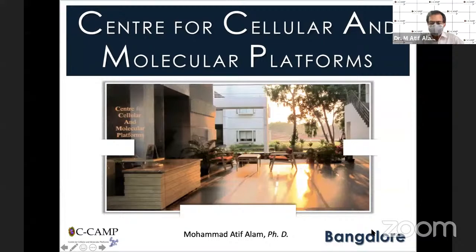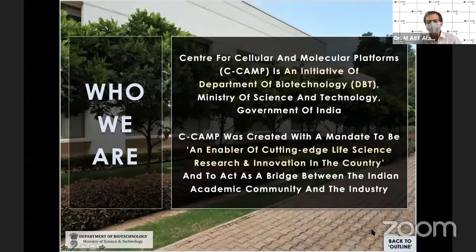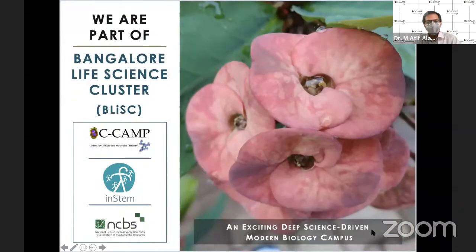So quickly, I'll get going to give you a glimpse of overall what we do at CCAMP and the Bangalore Life Science Cluster. CCAMP was started by the Department of Biotechnology to be an enabler of cutting-edge research and innovation in India. And it is housed within this really exciting life science cluster called the Bangalore Life Science Cluster, having 3 institutions: National Center for Biological Sciences, which is a premier life science research center focused on cutting edge fundamental research.